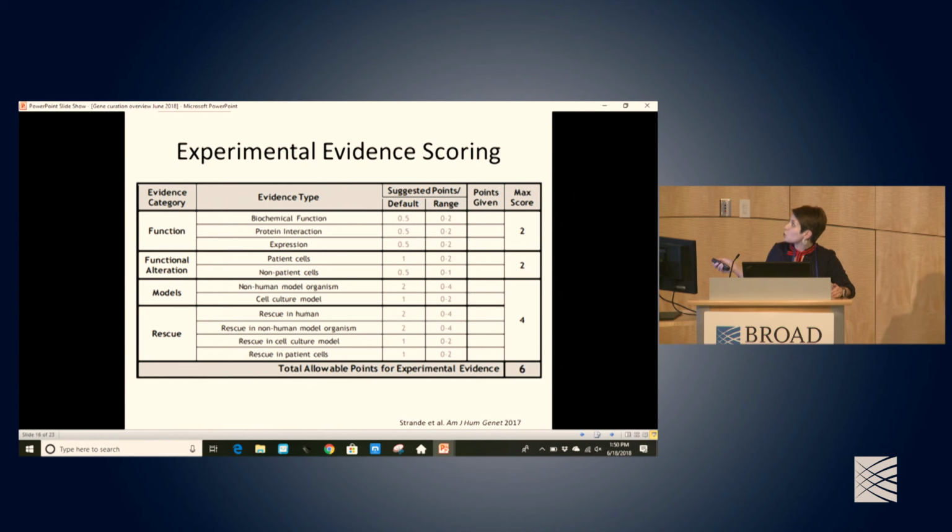You'll see that you could score up to 8 points here, but we cap this at 6, so that if you're in a situation where perhaps there's not a mouse model or there is no phenotypic rescue, some of these higher scoring experimental evidence pieces that you can have, you can still reach the high score with enough compelling evidence from other categories.